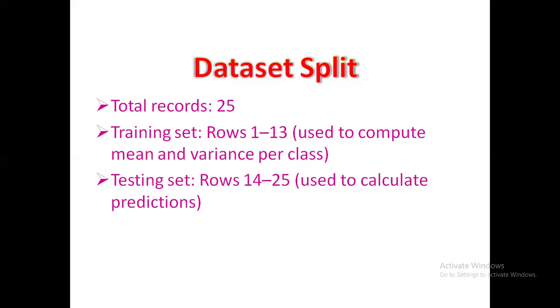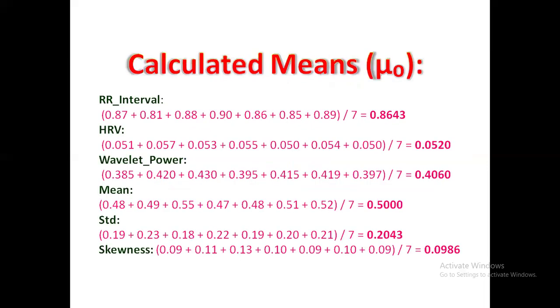For each test sample, the trained naive Bayes model calculates the posterior probability of the signal being normal or abnormal using the means and variances learned from the training set. Based on these probabilities, the model predicts the class label. Comparing these predictions with the actual labels helps measure the model's accuracy and reliability in identifying heart abnormalities.